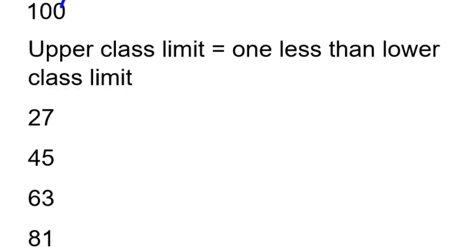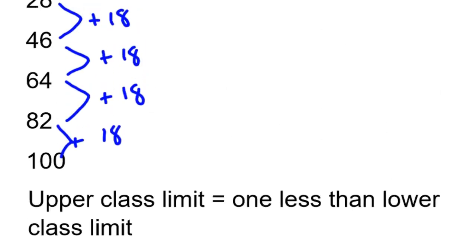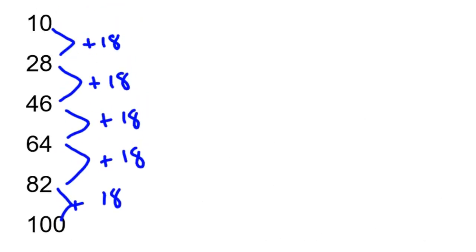And on those, I am simply subtracting 1 from each. I'll do it in a different color here. So 27, 45, 63, 81, and 99. So we're ready to put this into a table.